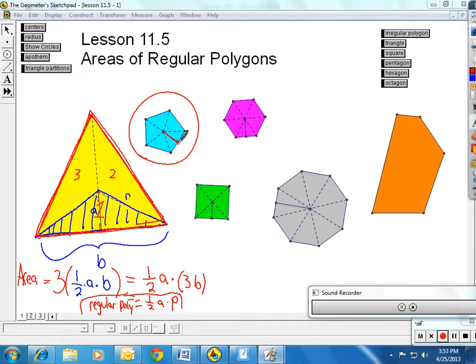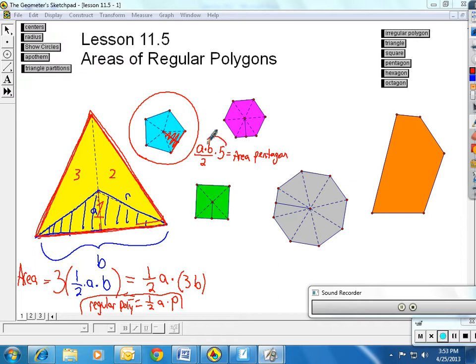If I multiply that by the base, so I take the apothem, multiply it by the base, divide by 2 because that's a triangle, and then that gives me one of these triangles, and I've got 1, 2, 3, 4, 5. Multiply that by 5, that will be the area. That's the area of the pentagon.